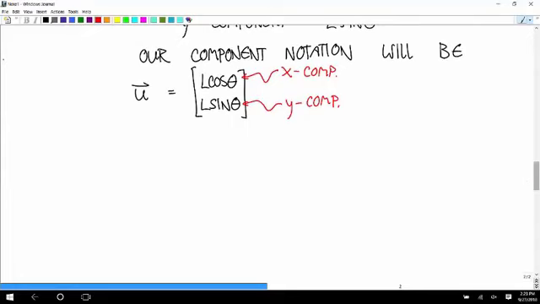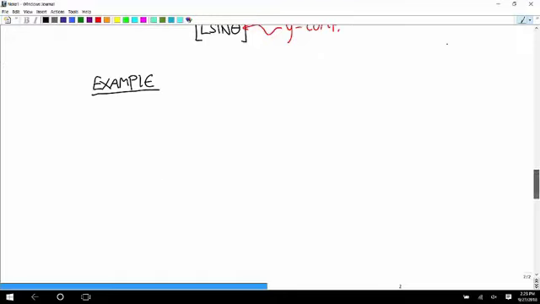So let me do an example. Let's say that we have a vector that points this direction, and it has a length of 5.